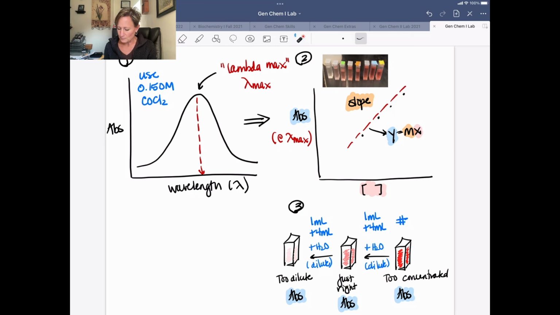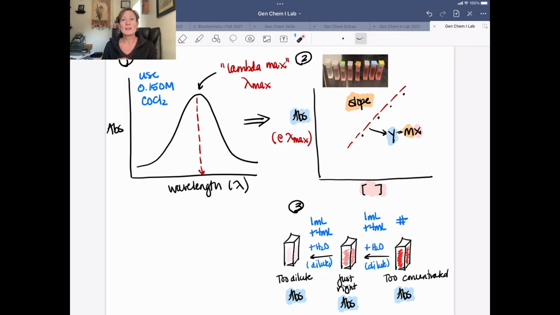So again, you're going to obtain your unknown and measure the absorbance value of it. Now, if the absorbance is too high, it's outside the range of where your standard curve is, you're going to do a dilution. Regardless, I want you to do at least one dilution so that you understand how this process works. And what that means is taking 1 milliliter of your sample and mixing it with 4 milliliters of water.